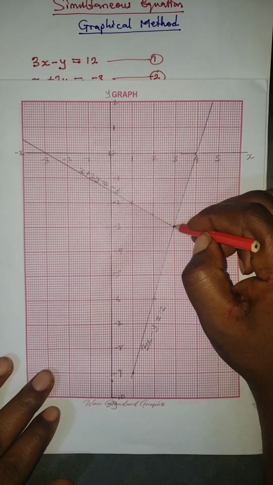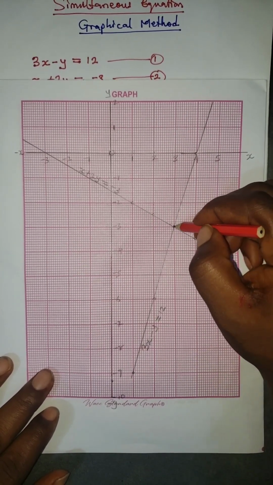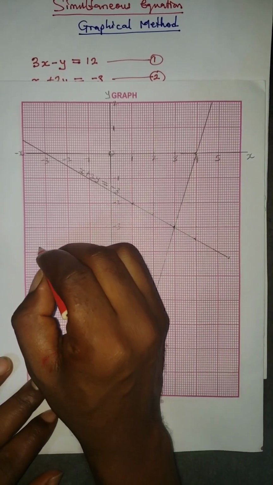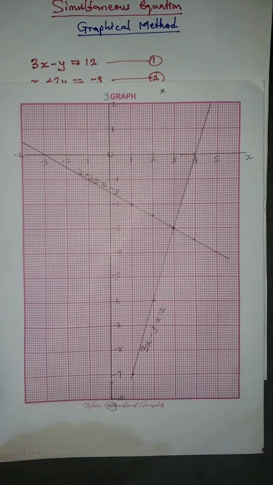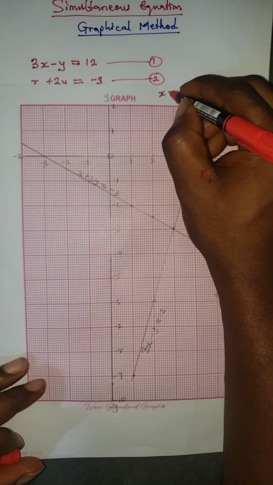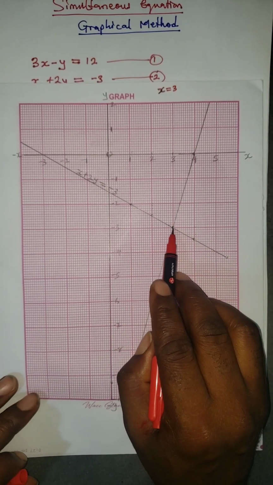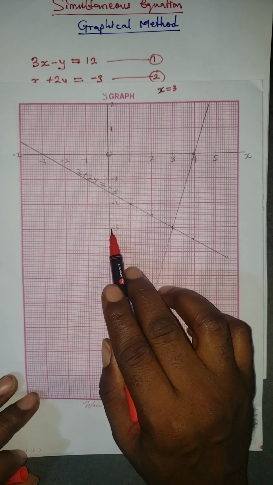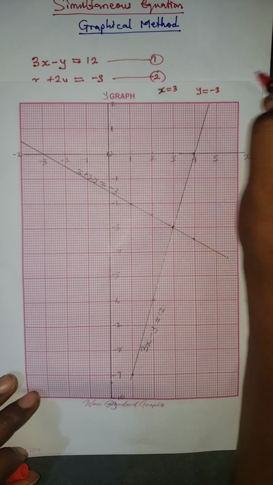What is the x value at this point? What is the y value at this point? If you trace this point down to the x axis, you will get 3. That means the solution of our graph, our x, is equal to 3. And if you also trace from this point to the y-axis, you will get your y as minus 3.